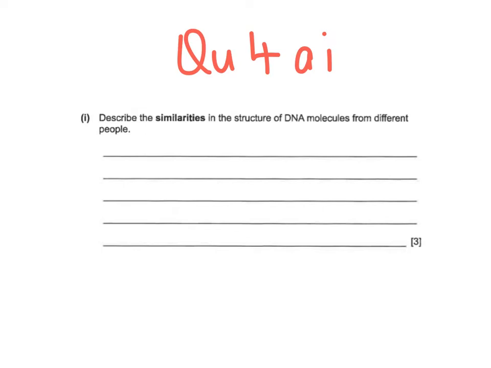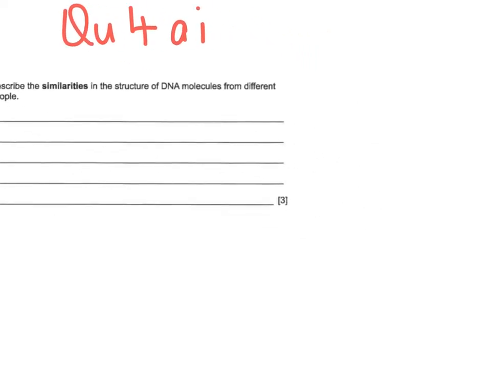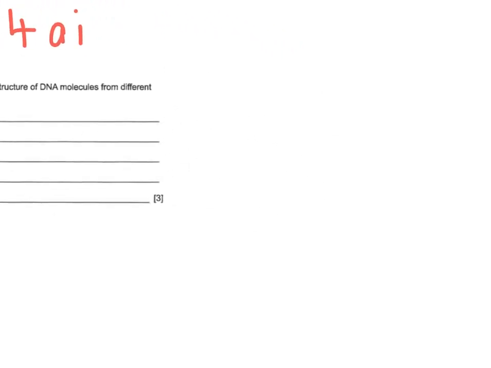Question 4a, part 1. The first bit is asking about the similarities, and then part 2 asks you about the differences. So let's just think about DNA. We know that DNA is made up of sugars, deoxyribose. Whoops, made a wee mistake there.